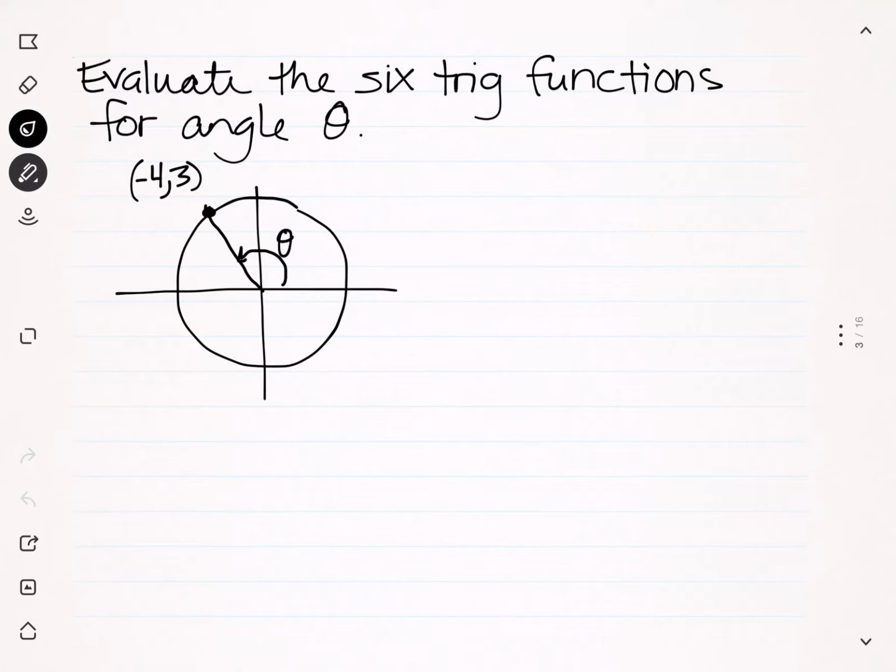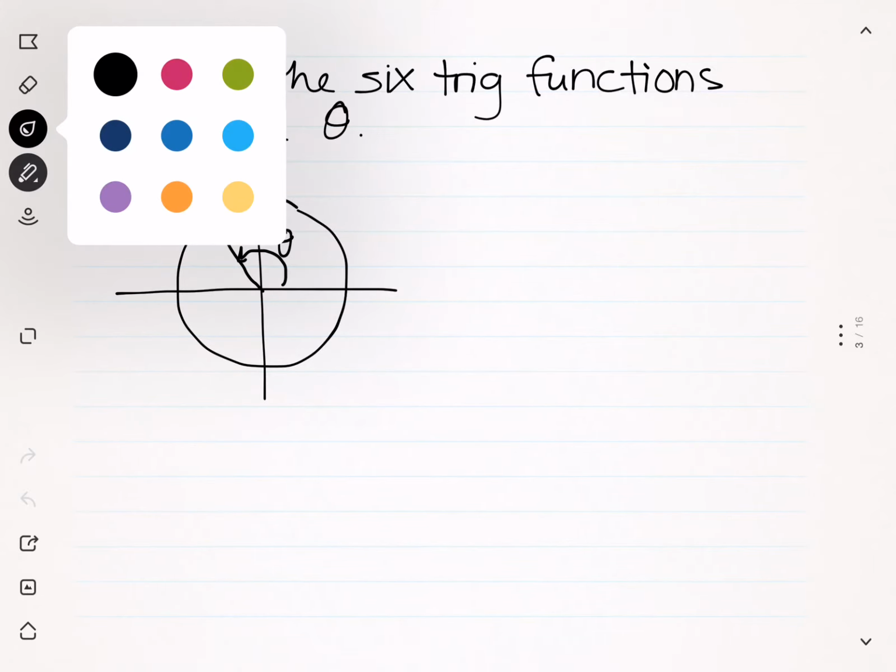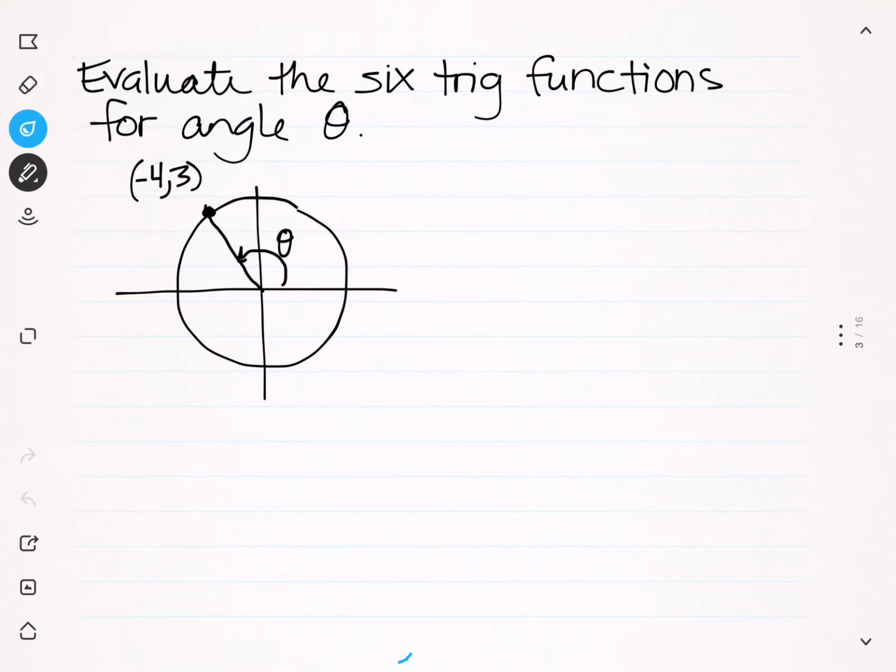Let's say we're given a point on a circle, and this point is located on the terminal side of this angle theta, and the coordinate is -4, 3. So that puts us into quadrant 2, and we want to evaluate the 6 trigonometric functions for this angle theta. Okay, so what we're going to do here is draw the right triangle.